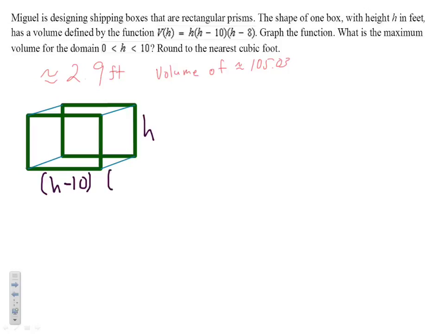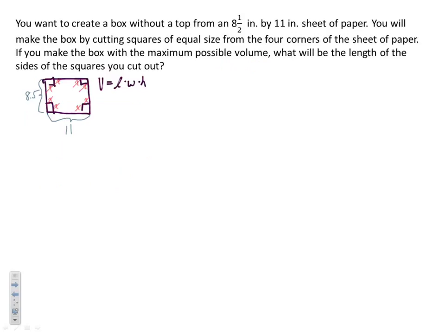It doesn't really matter which one you call which. And that was for our volume. And then there's our volume for this one.